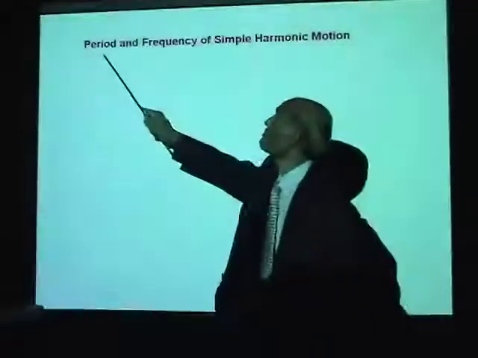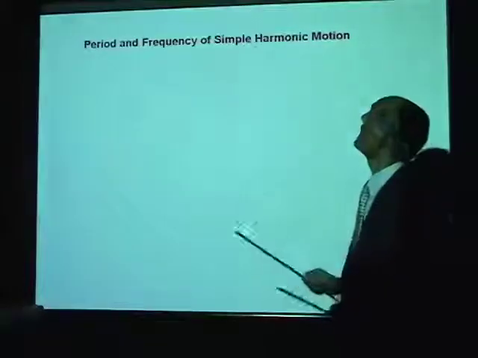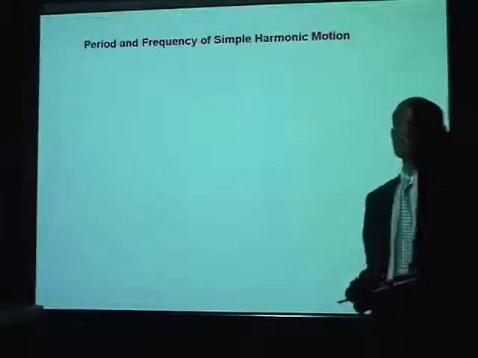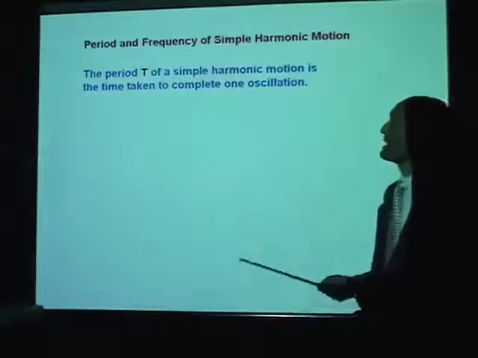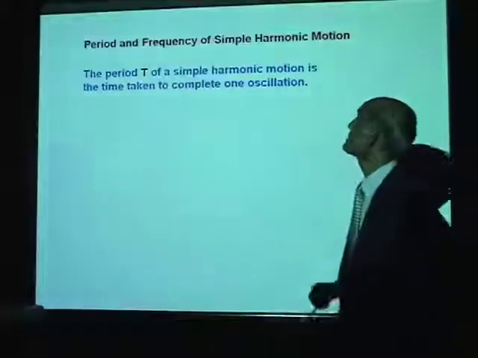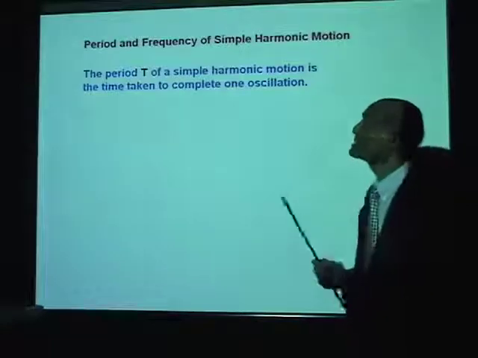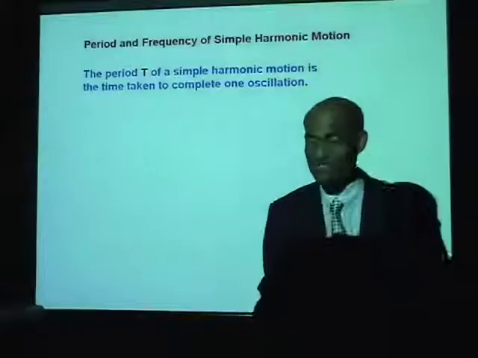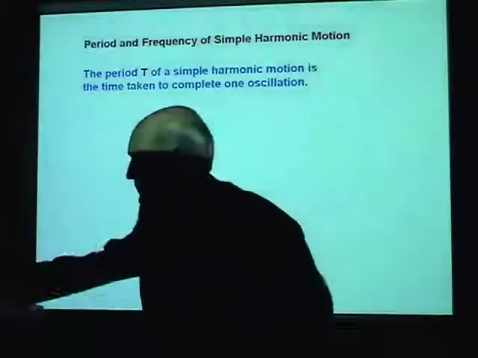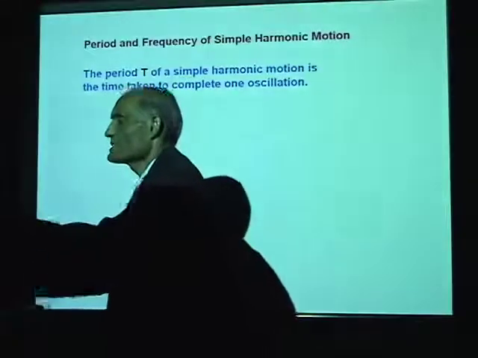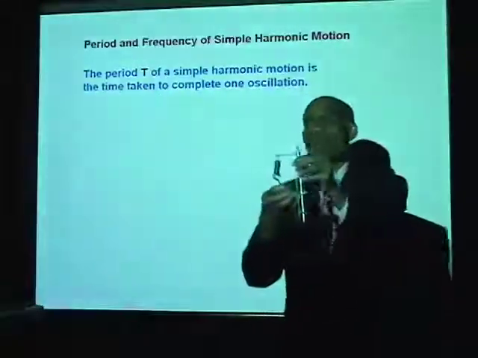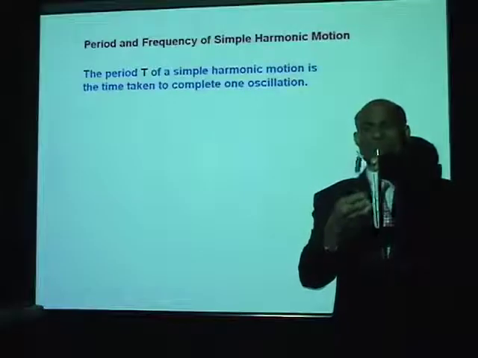Let's now talk about the period and frequency of simple harmonic motion. Now, the period T of a simple harmonic motion is the time taken to complete one oscillation. What does that mean? The period is the time taken to complete one oscillation.